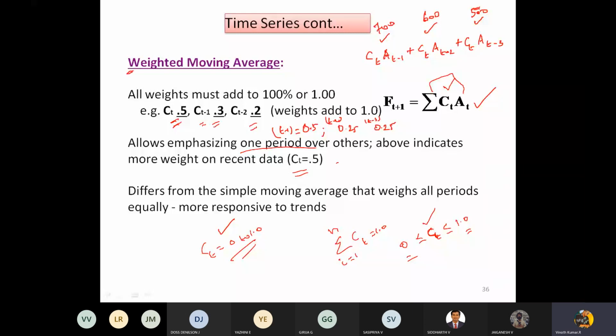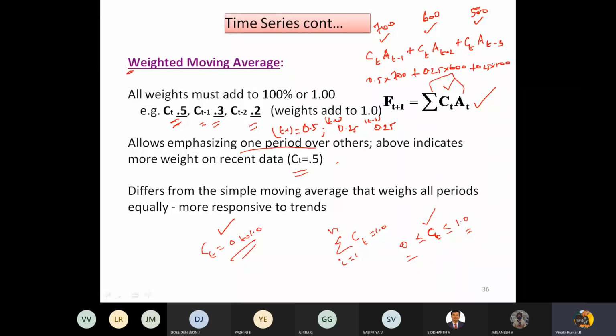Right, the previous 2 periods' demand must be half the most recent demand weight. So here I'm going to substitute: 0.5 into 700 plus 0.25 into 600 plus 0.25 into 500.